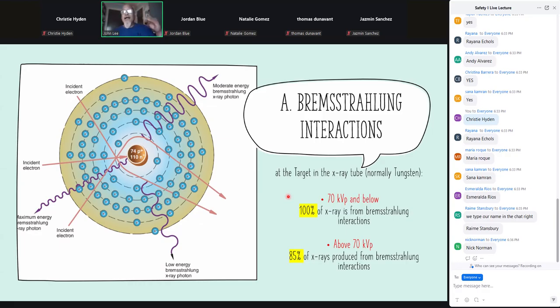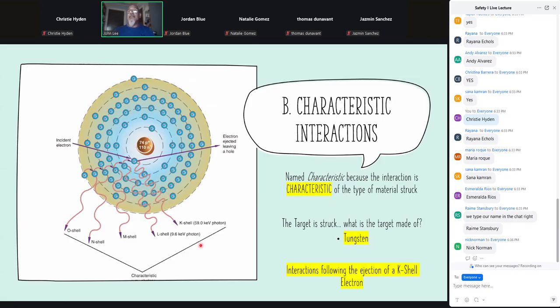Once we go above 69 kV, then 85% of the interactions will be Bremsstrahlung. The other 15% will be of the other type of radiation that we produce, which is characteristic.